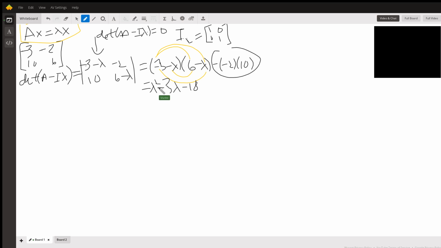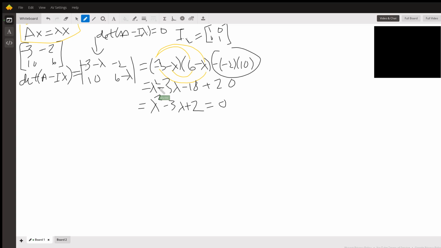And then on this side, this simplifies to positive 20. So just combining like terms, all we have here is lambda squared minus 3 lambda plus 2. And again, we're setting that equal to 0 to find the value of lambda.